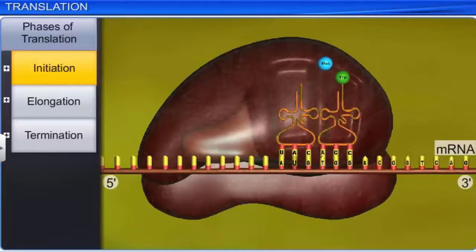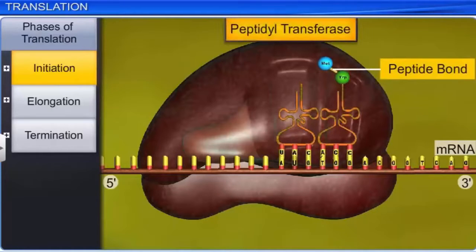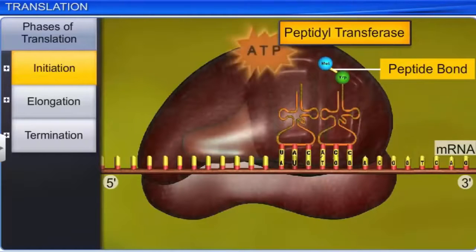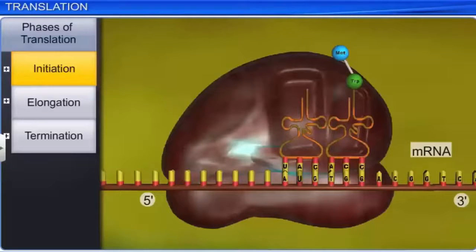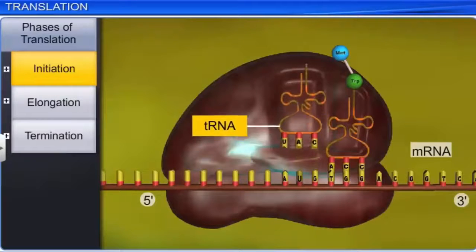The peptide bond formation is catalyzed by the peptidyl transferase enzyme. The formation of this bond requires energy, which is obtained from ATP. Simultaneously, the first peptidyl tRNA gets removed, leaving the amino acid.